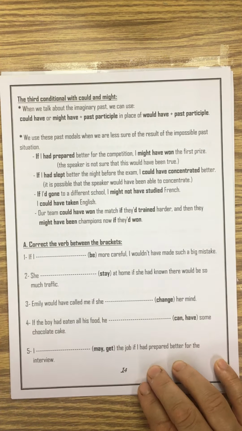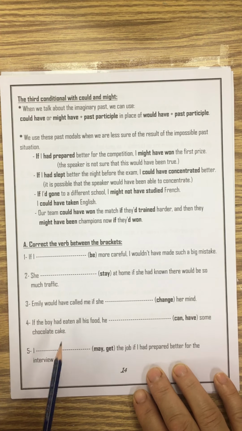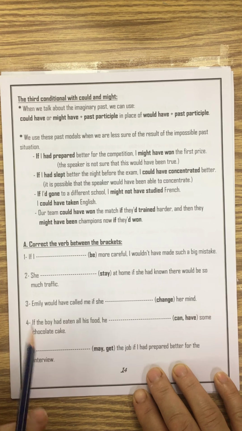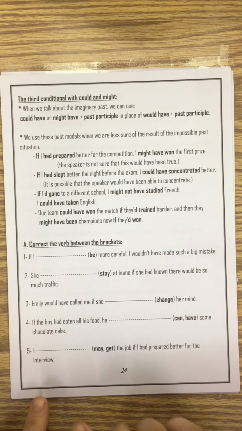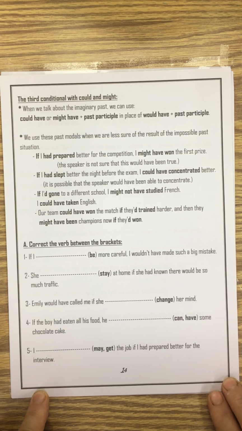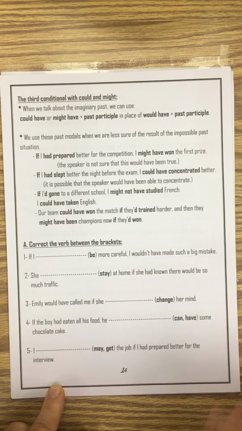طيب okay now on page 14 dear students we have two exercises. We have here exercise A correct the verb between brackets. We have this exercise. Look at the sentences very thoroughly, very carefully. 1, 2, 3, 4, 5. This is on page 14.